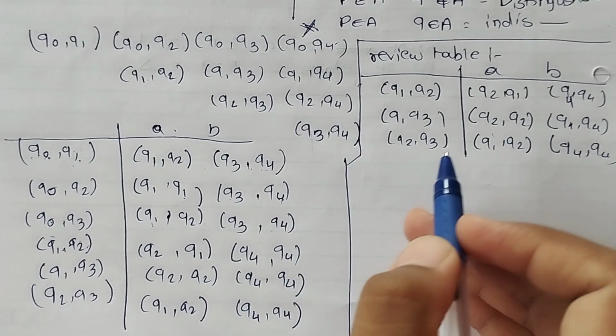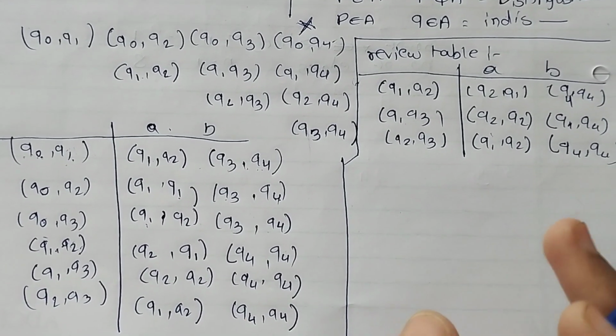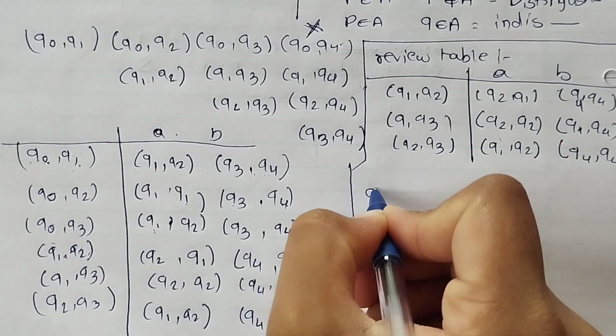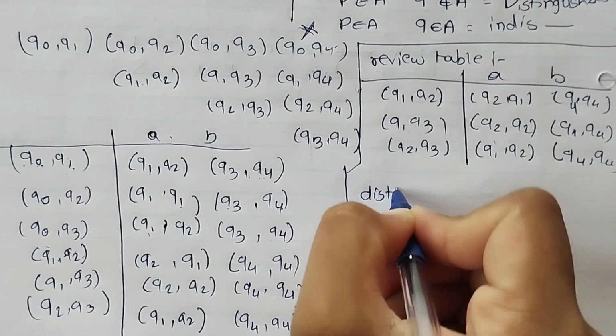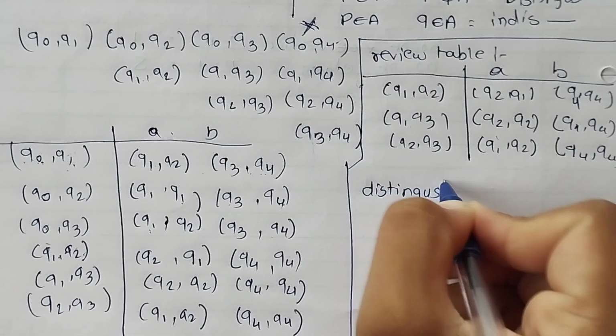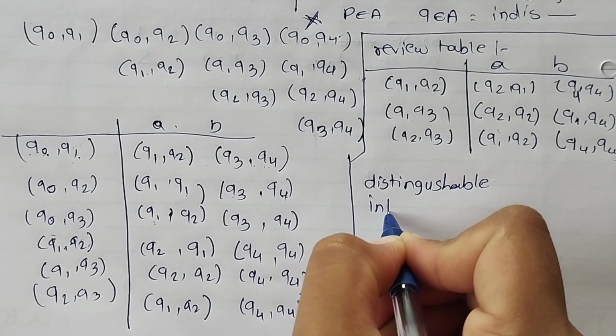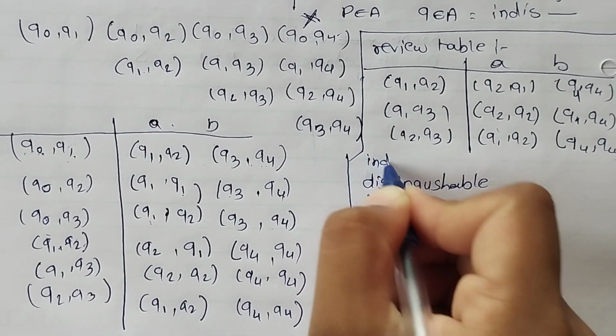Now from this we write the distinguishable and indistinguishable states. Here we write indistinguishable.